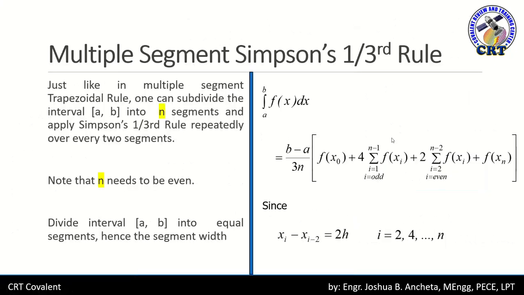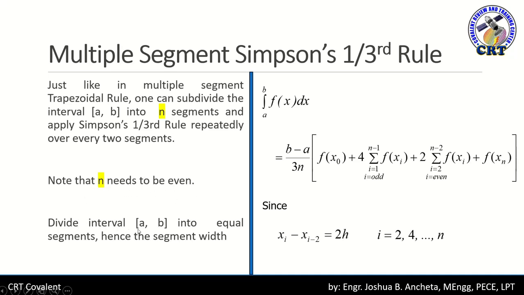Next is the multiple segment Simpson's one-third rule. Just like in the multiple segment trapezoidal rule, one can subdivide the interval from a to b into n segments and apply Simpson's one-third rule repeatedly over every 2 segments. Note that n needs to be even.